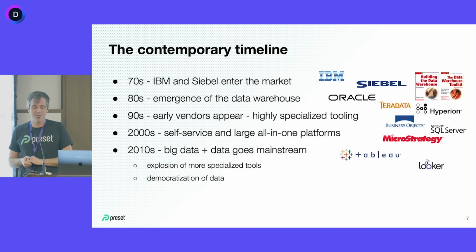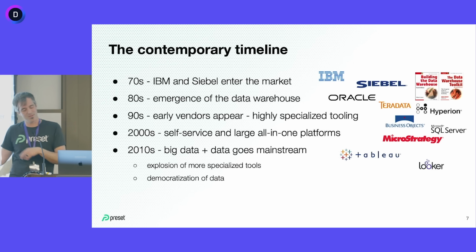But the big themes for the 2010s are data going mainstream, the explosion of specialized tools, democratization of access to data, and specialization of roles. All of us are data practitioners. And I think we've made tons of progress since the 2000s. Soon, we're going to talk about where we're at and what's ahead.